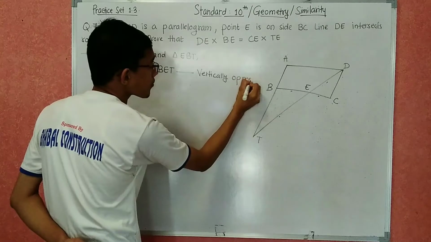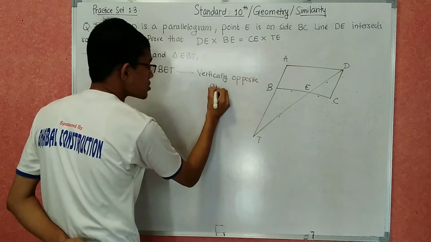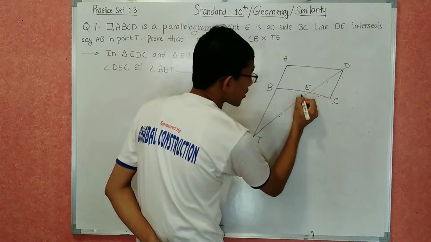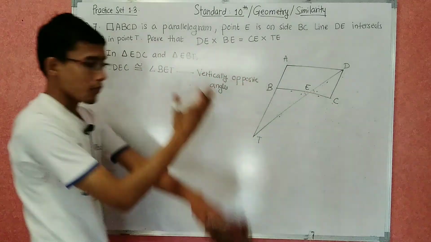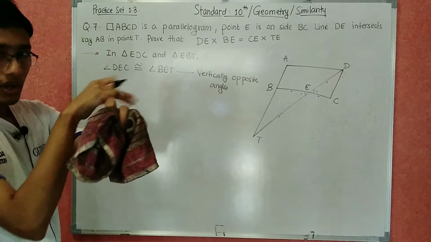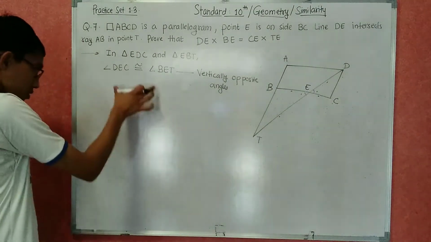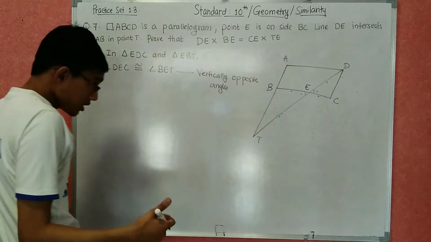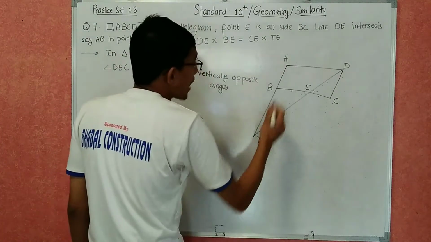Here you can see that this angle and this angle, both the angles are vertically opposite. As we know, vertically opposite angles are congruent, so we have noted it down.